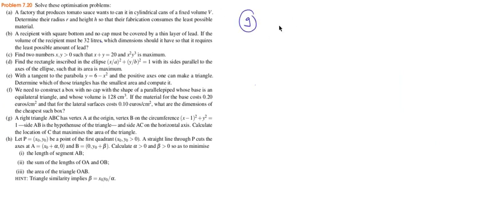G: a right triangle ABC has vertex A at the origin, vertex B on the circumference x minus 1 squared plus y squared equals 1. So this is the circumference at center (1, 0), and so it does something like this.